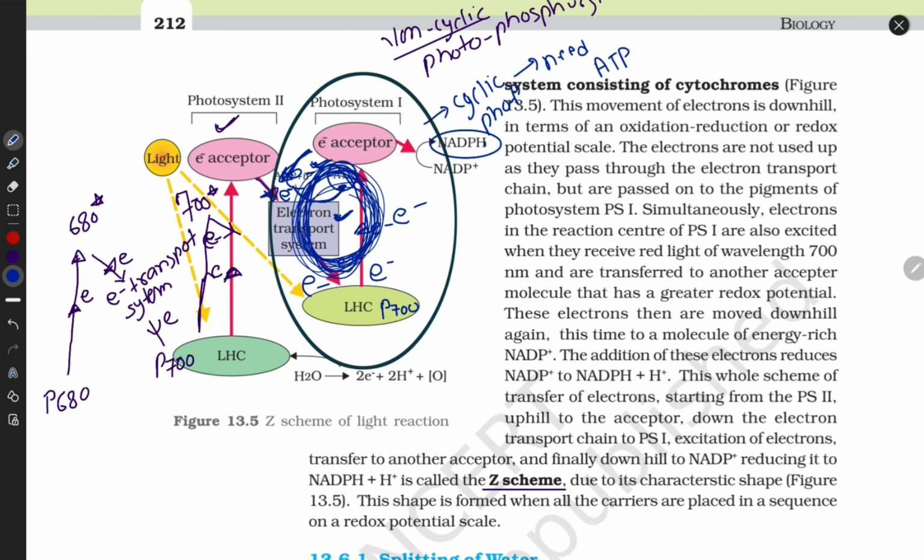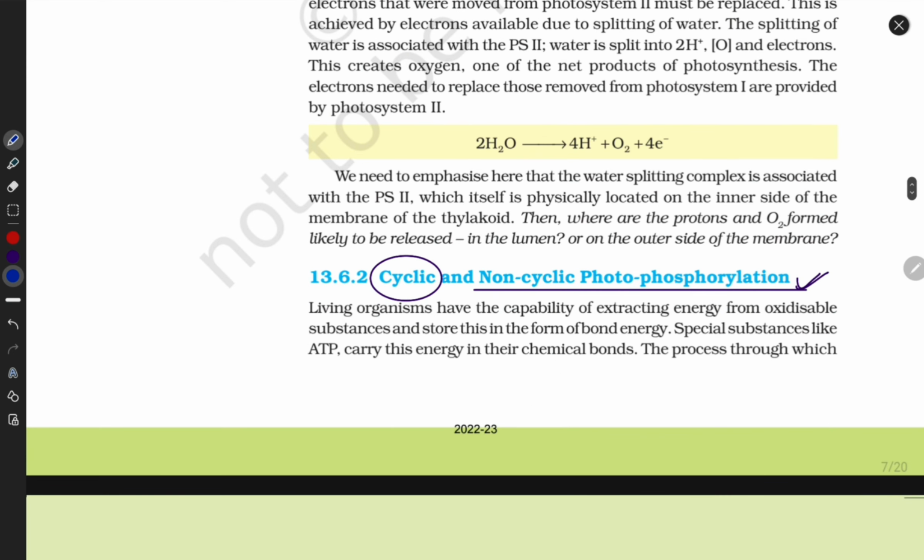No breakdown of H2O molecule, no breakdown of photosystem second, no requirement of other things. They produce ATP, ATP, ATP. When the plant wants ATP, then it produces cyclic. And when the plant wants NADPH, it needs H2O breakdown, so it does the Z scheme, non-cyclic photophosphorylation. Now let's discuss cyclic photophosphorylation in detail.